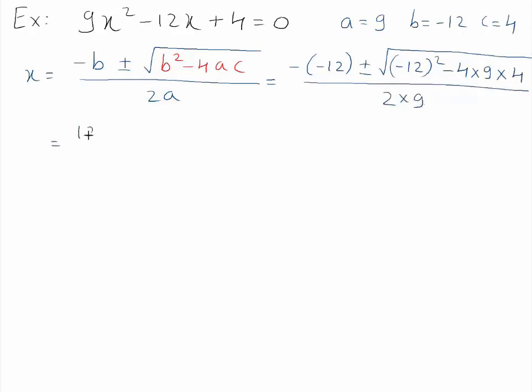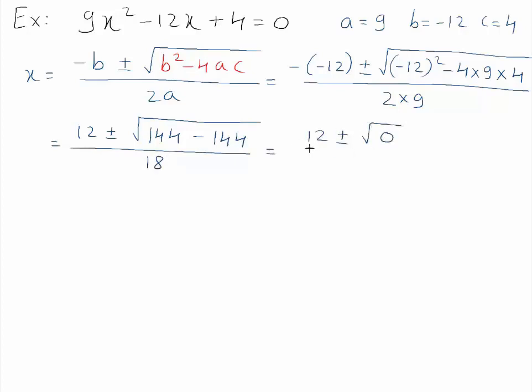So this equals 12 plus minus square root 144 minus 144, whole divided by 18. So we will get 12 plus minus square root 0 divided by 18. So this equals 12 plus 0 by 18 and 12 minus 0 by 18. So x equals 12 by 18 or 12 by 18.